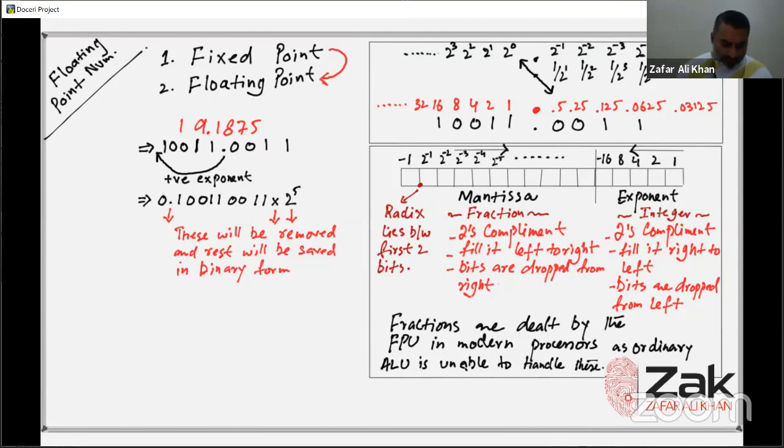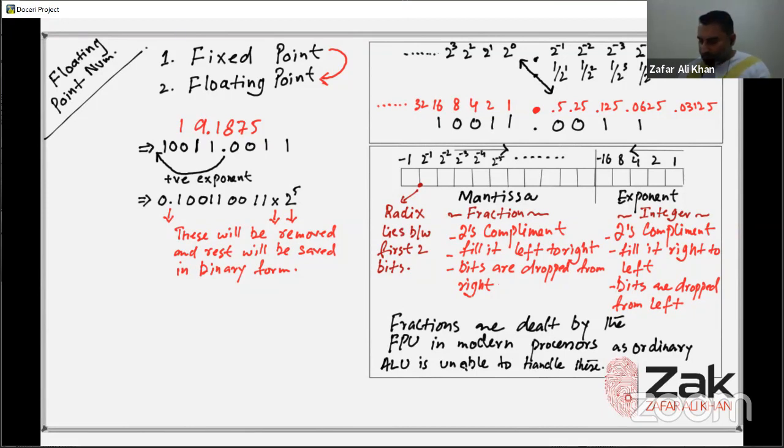Why are they removed? Because it is understood that this point is between the first two bits. That is why we moved it. So there is no such representation in this word, or in this allocated space of floating point, which could show the point. So we fixed it in between the first two bits. So if it is written 0, 1, 0, 0, 1, 1, 0, 0, 1, 1, it means that the point lies between the first two bits. This multiplication is in standard form, it is a must, so we don't need it, we know it. And the base is 2 because we are dealing with a binary number.